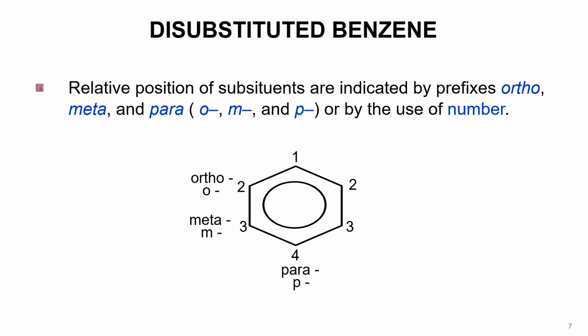If two substituents are at carbon 1 and carbon 2, the prefix used is O for ortho. If at carbon 1 and carbon 3, the prefix used is M for meta. And if at carbon 1 and carbon 4, the prefix used is P for para.